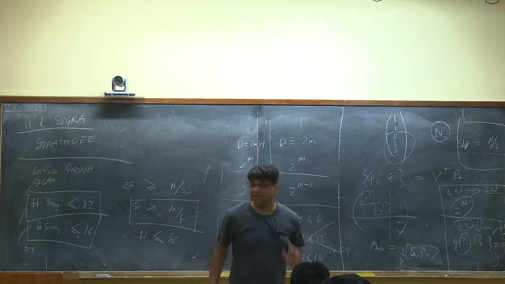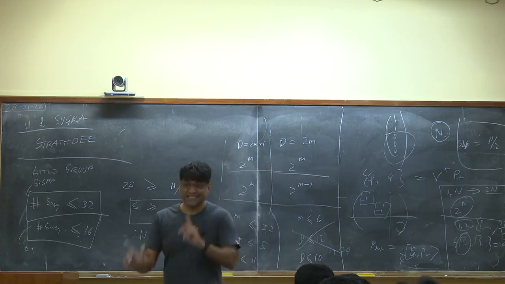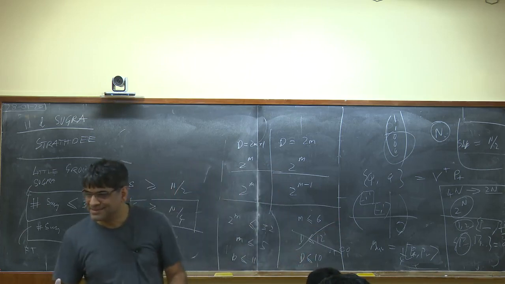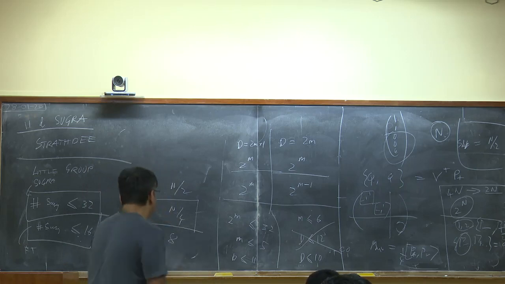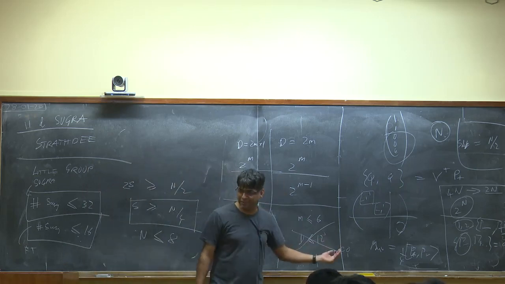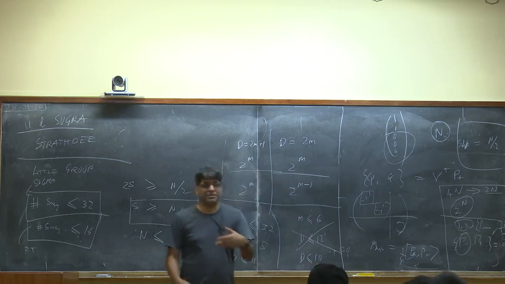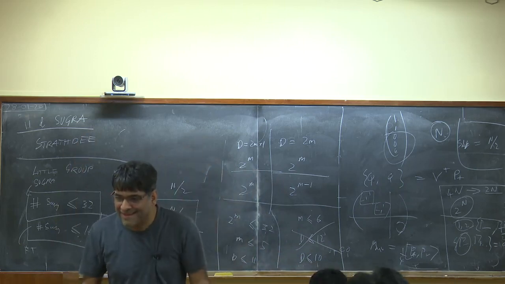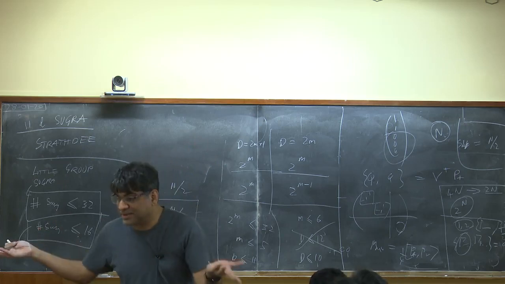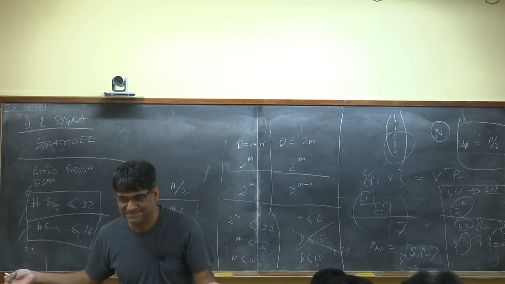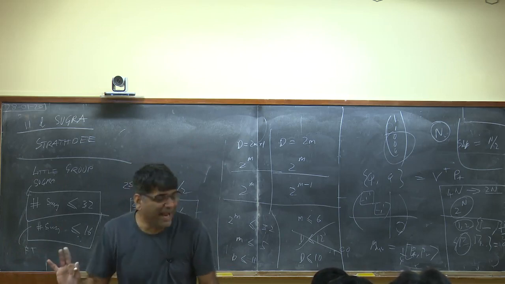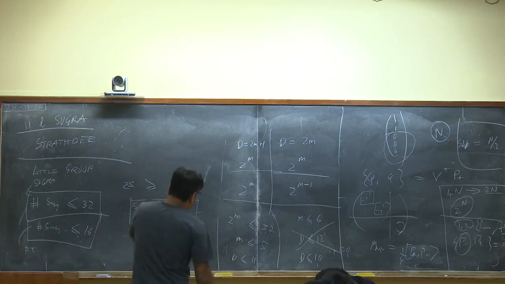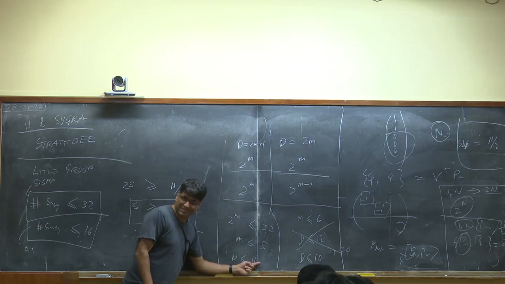The type 1 and the heterotic theories are theories which have 16 supercharges in 10 dimensions. So 16 is the smallest number of supercharges you can have in 10 dimensions. You can also have 32. You can keep going. But if you increase it more, you won't have a supergravity theory. And the largest dimension in which you can have any supergravity theory whatsoever is D equal to 11.